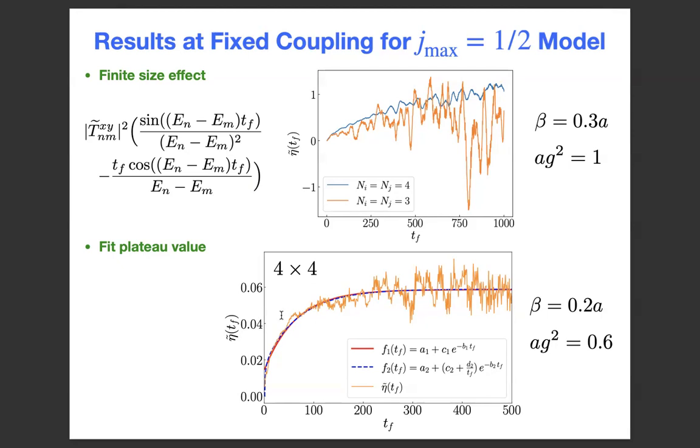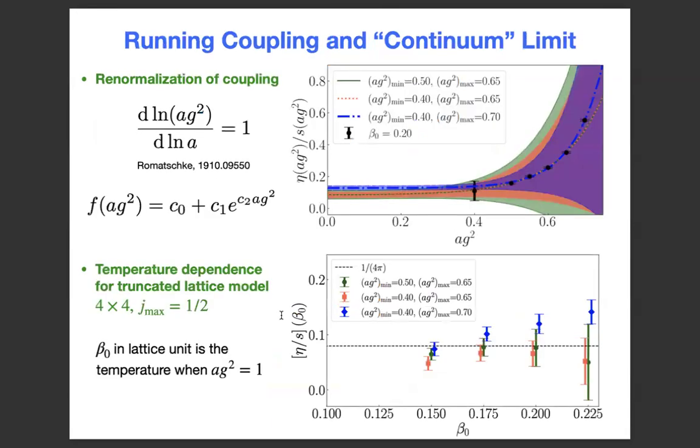Yeah, and basically that's what we do. We vary the temperature and also the coupling, and we try to fit this asymptotic value. We also tried to do a naive continuum limit extrapolation, which is depicted in this figure. So we calculate the eta over S at different couplings, for example, using 0.8, 0.7, and all the way to 0.4.